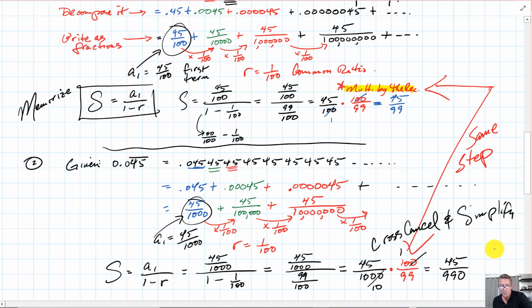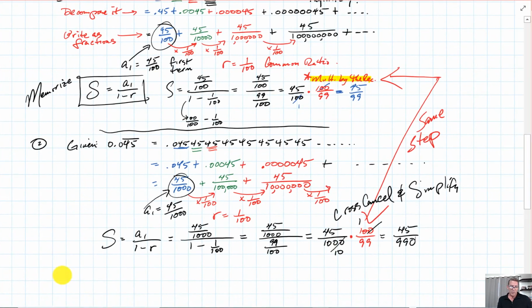So it is possible to learn from the past. Just so you know, if I gave you this right here, 0.0045 repeating, that's the same thing as this one here, but you're taking 1/10 of it. So it's the same as 0.045 repeating divided by 10, because it has one more zero as placeholder.